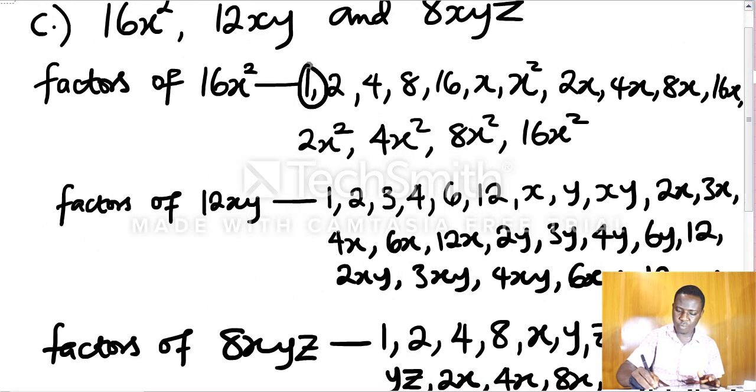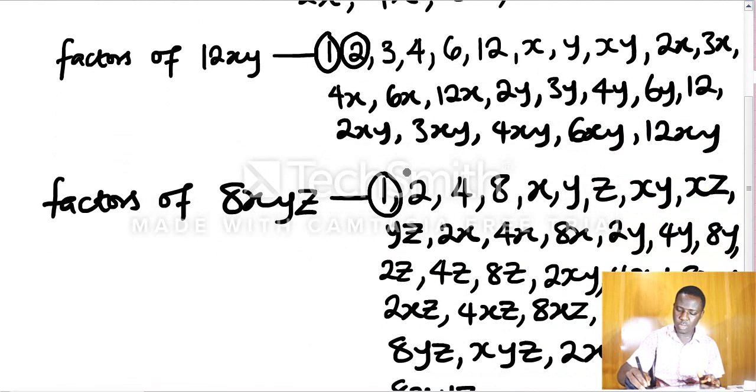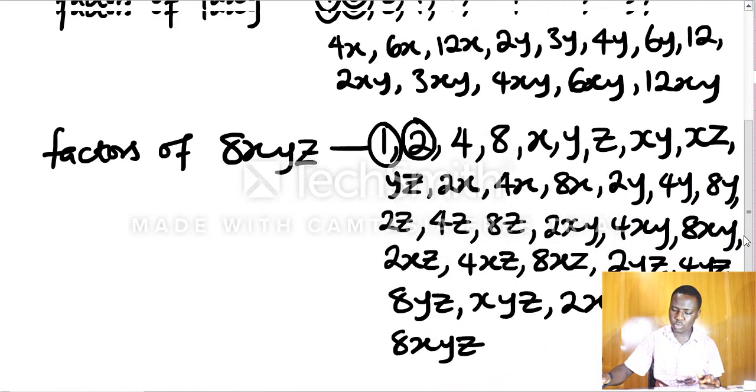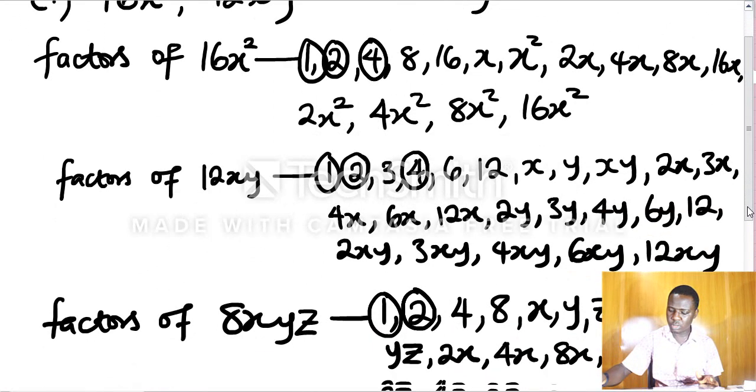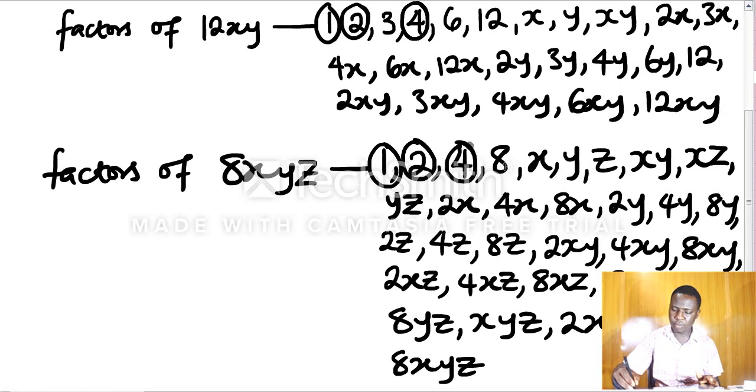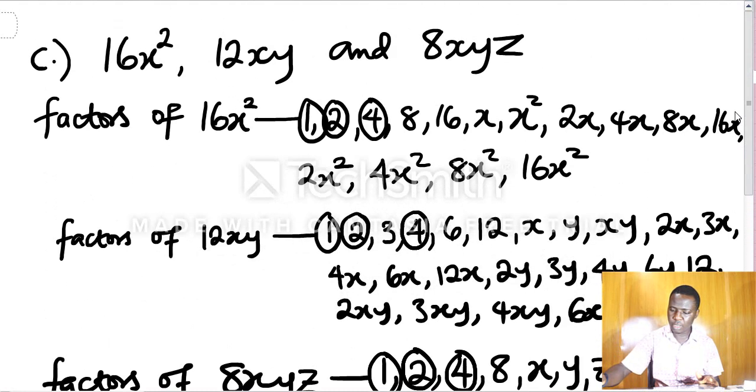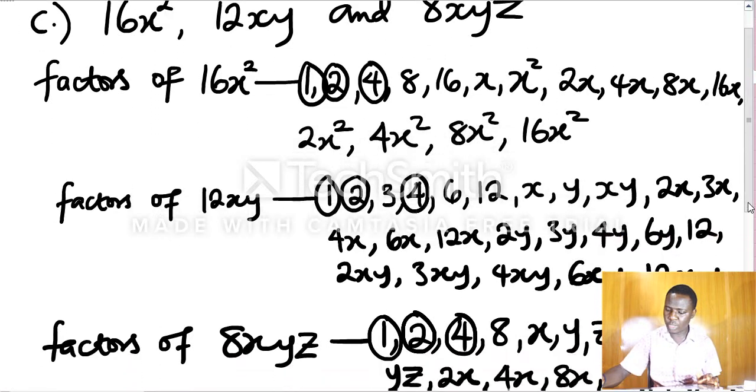Okay, let me circle this. 1 and 2 is said to be common. We also have, is 3 common? No. Is 4 common? Yes. 4 is common in each of them. Is 6 common? No, there's no 6 here. Is 8 common? No, we don't have 8 in the middle term. What else is common?